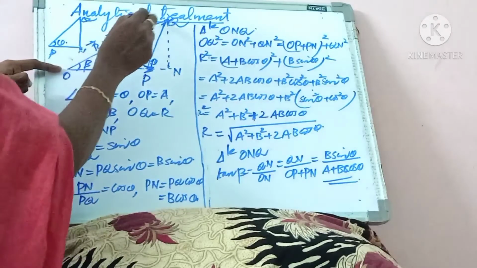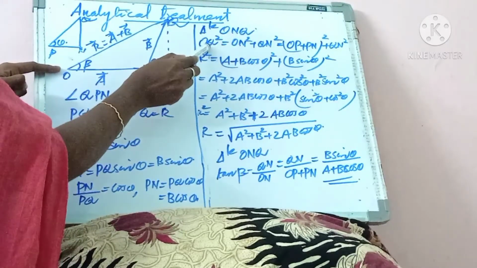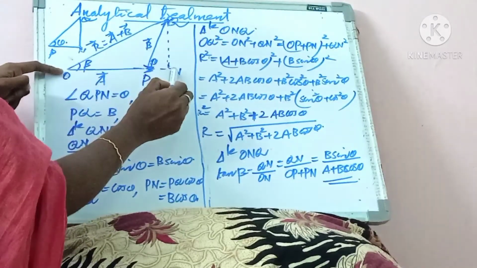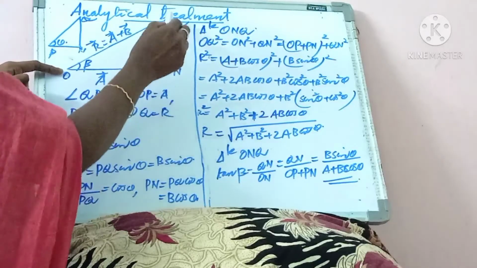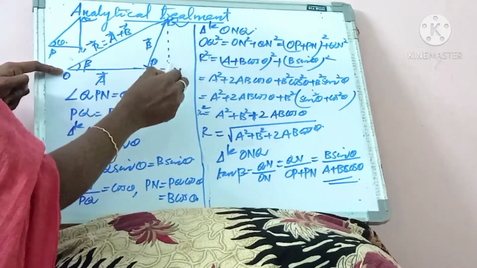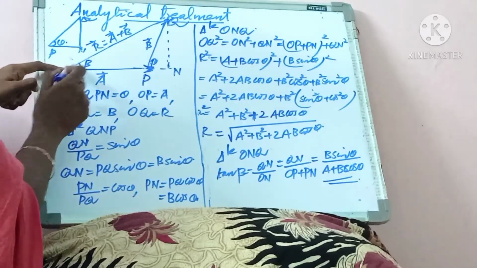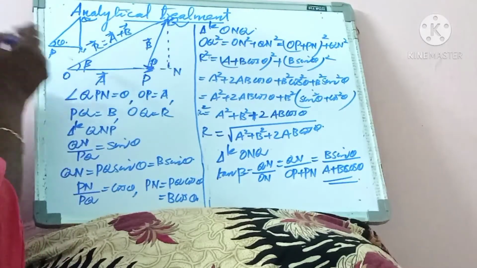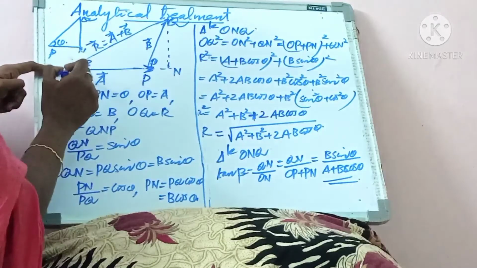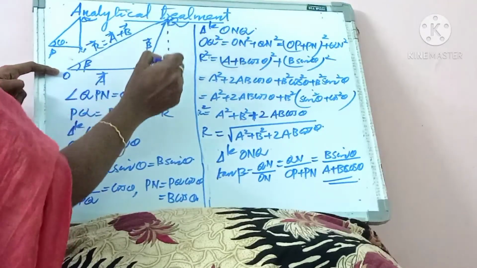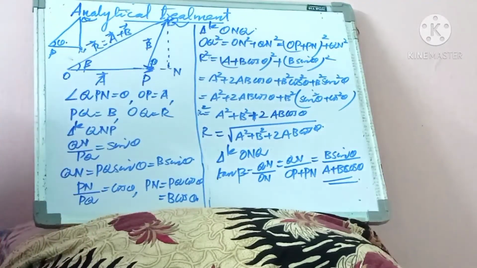So here the hypotenuse is OQ, the base is ON, and the altitude is QN. So OQ square equals ON square plus QN square.